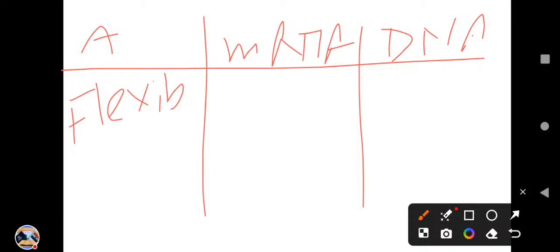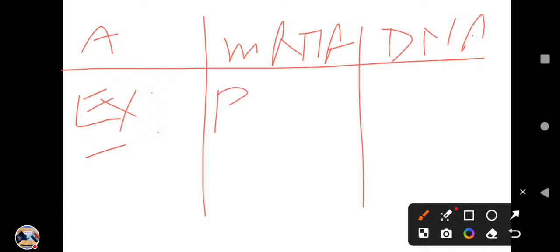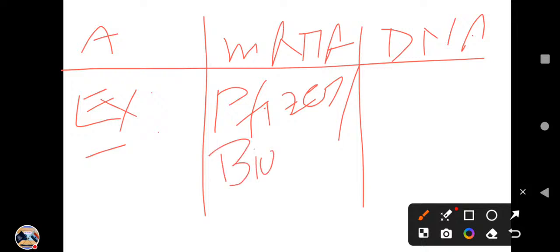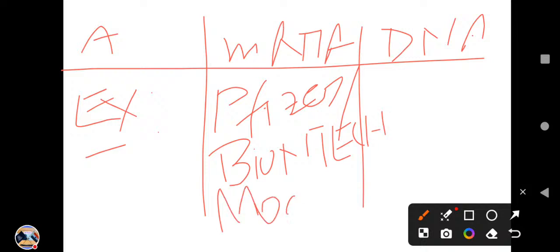What are various examples related to mRNA and DNA vaccines? Examples like Pfizer, or we can say BioNTech, and the Moderna COVID-19 vaccine.